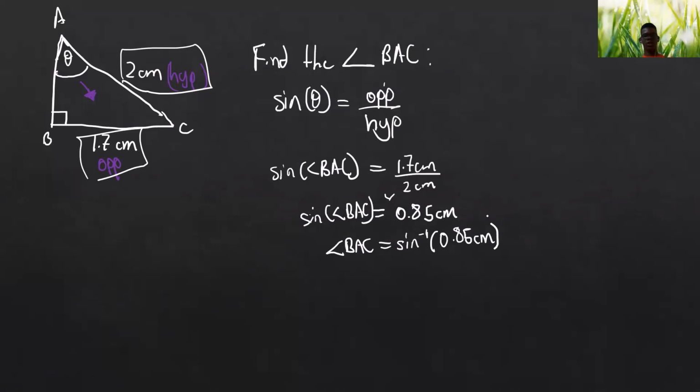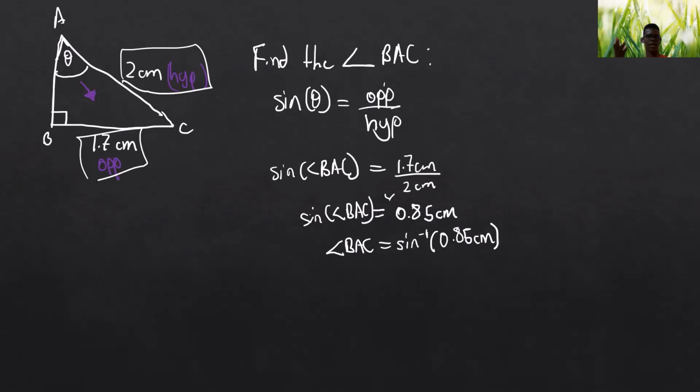And we can actually punch this in our calculator now. The inverse of the function should be located right above, as the second function of your sine. You can just use second or shift sine, and you should get sine inverse.